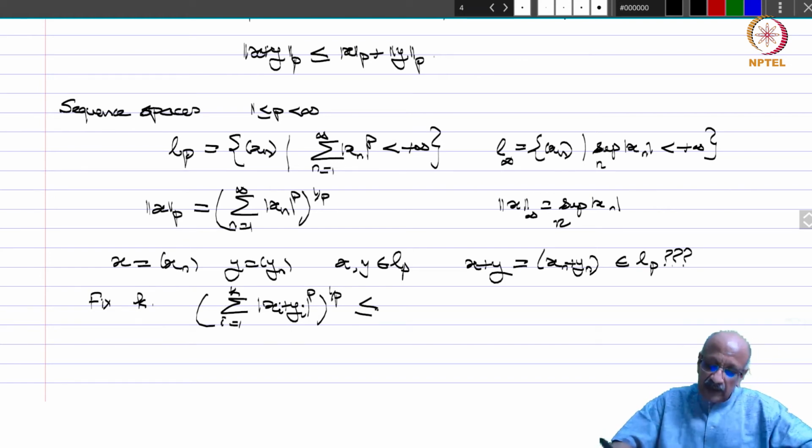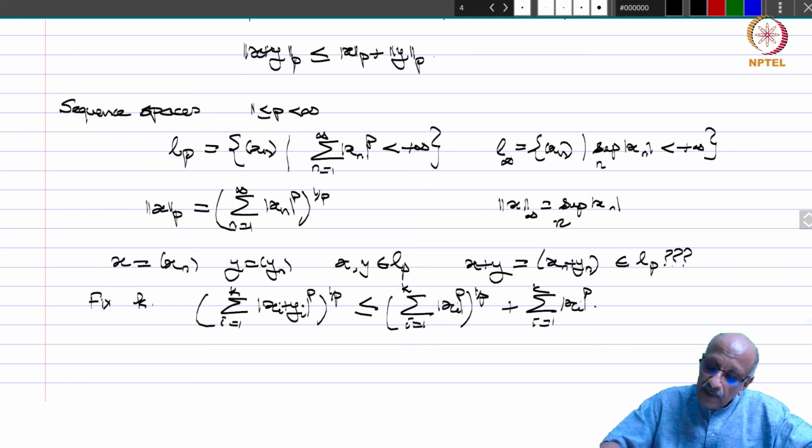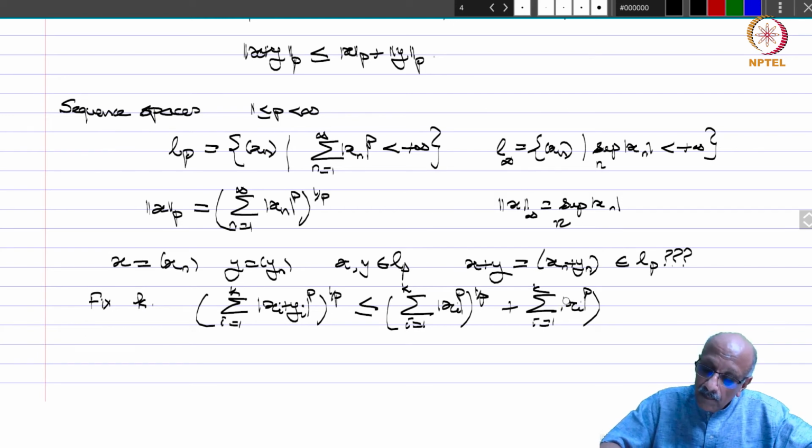By the Minkowski inequality, this is less than or equal to (sum from i equals 1 to k of |x_i|^p)^(1/p) plus (sum from i equals 1 to k of |y_i|^p)^(1/p).